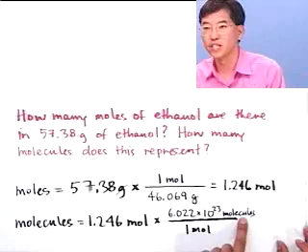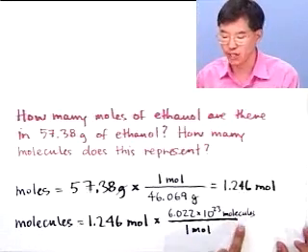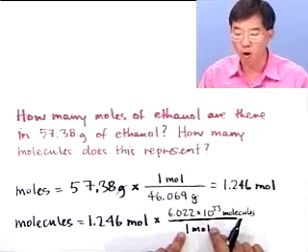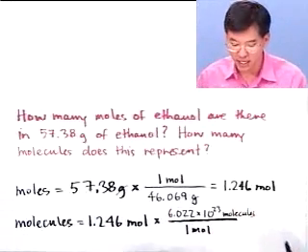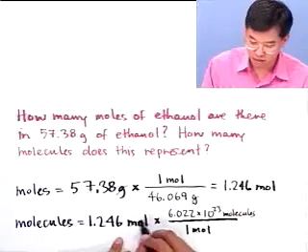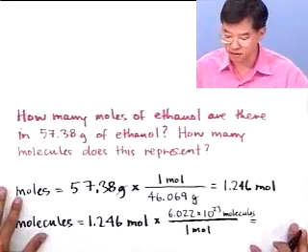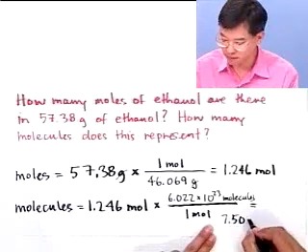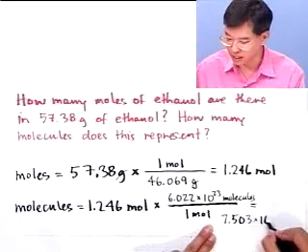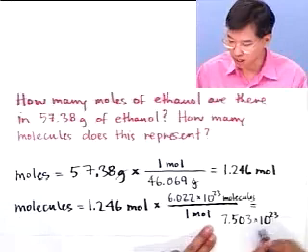Remember, this could be atoms, it could be molecules, it could be grains of sand, whatever. A mole is a number of things, and then this defines what the number of things is. And now we cancel out the moles and multiply this out, and we get 7.503 times 10 to the 23rd molecules.